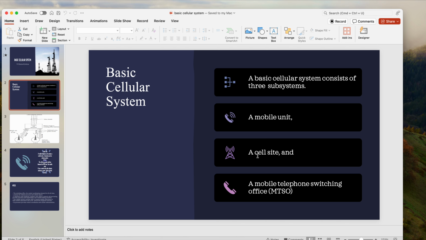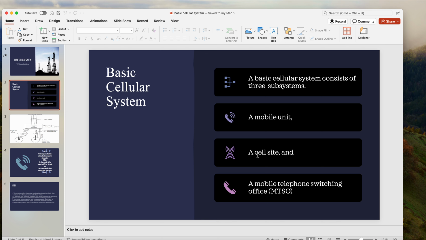So a cell site should consist of an antenna system which can receive the signals from all the subscribers. After receiving the signals from all the subscribers, the signals have to be multiplexed, and through a wired or wireless network the signals have to be transferred to one central switching office.